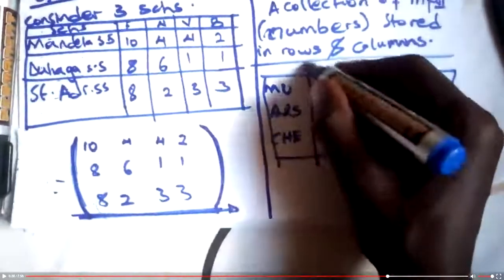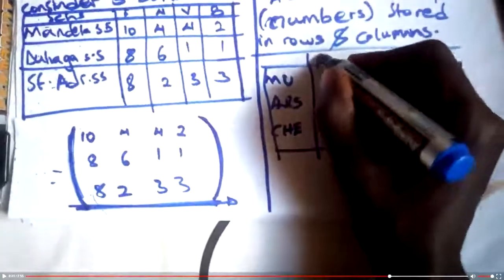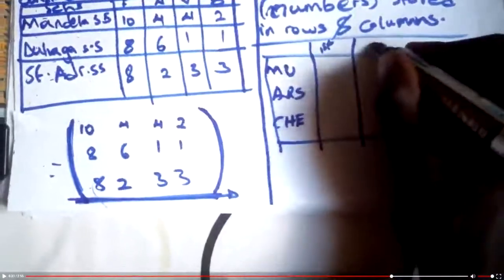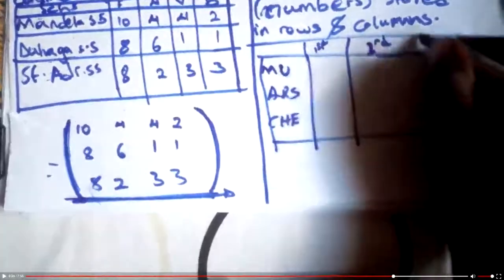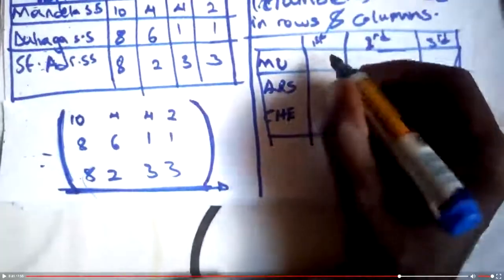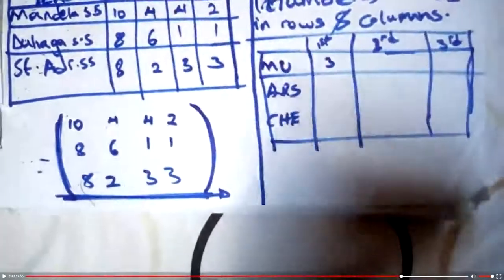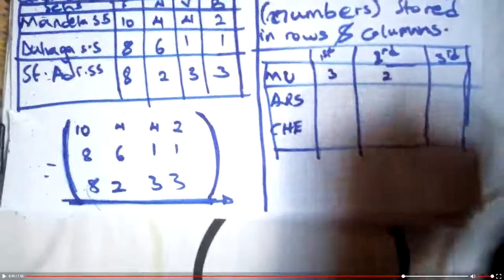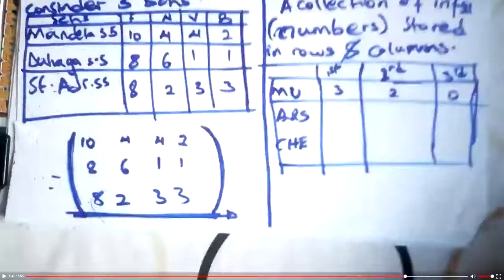Let's say that these teams are playing Premier League, okay? In the first match, second match, and the third match, okay? Maybe Manchester United got all the points, got 3. The second match it got 2. In the third match, maybe it lost, okay?